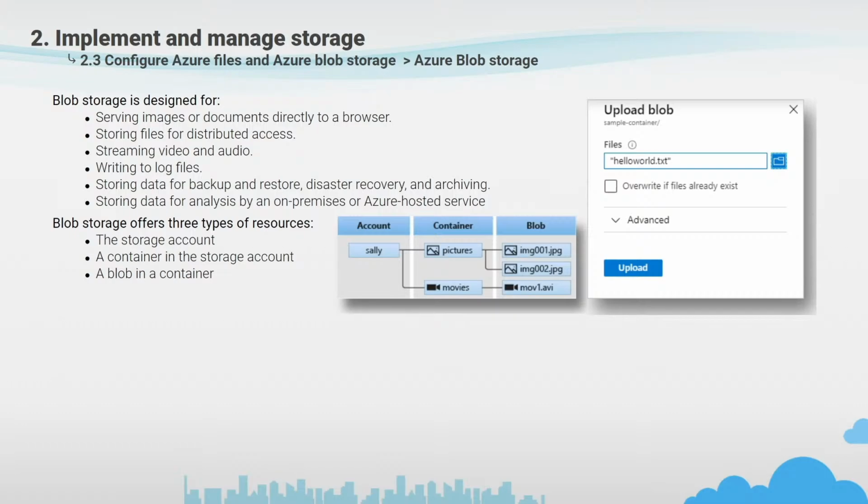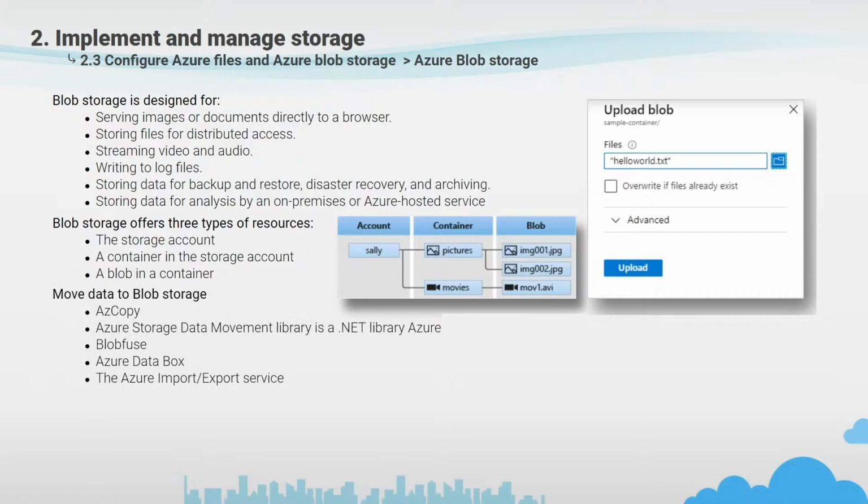Blob Storage offers 3 types of resources: the storage account, a container in the storage account, a container can be associated as a folder, and blob in a container, and a blob can be associated as a file. The following diagram shows the relationship between these resources.